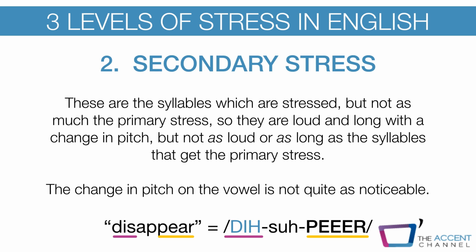But because we don't spend quite as much time on the dis, we categorize that as secondary stress. And if you notice this middle syllable, we just rush through as quickly as we can. Disappear. We get right to that third syllable that receives the primary stress.